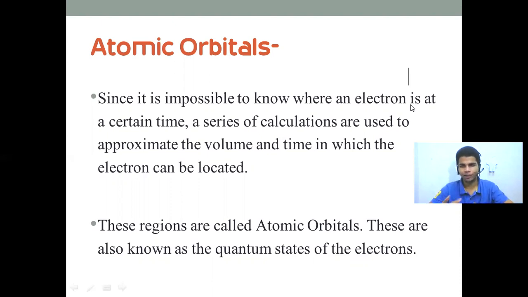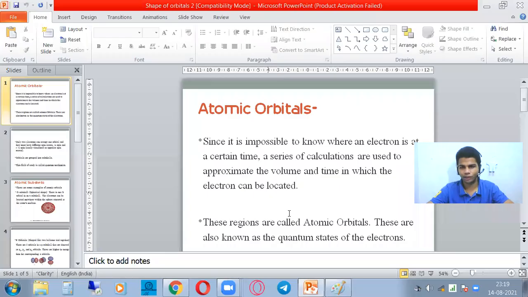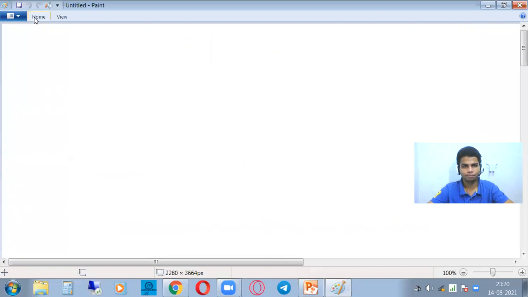Now I will try to explain what I'm trying to say, because this is just a theoretical portion and it's a little bit complicated, as electron position is very hard to identify.